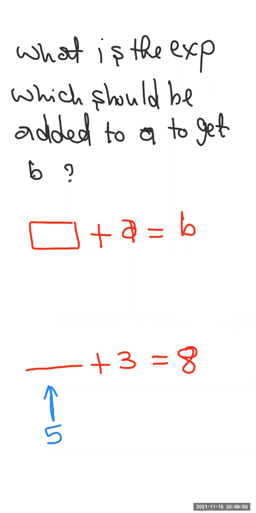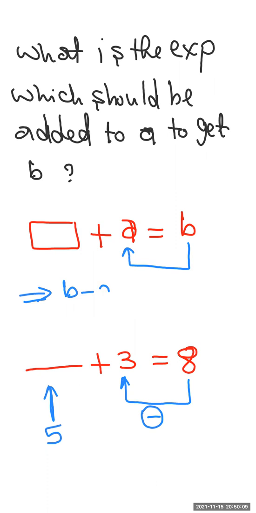How did I get that 5? Actually, it's 8 minus 3. So in this case, it's B minus A. Clear?